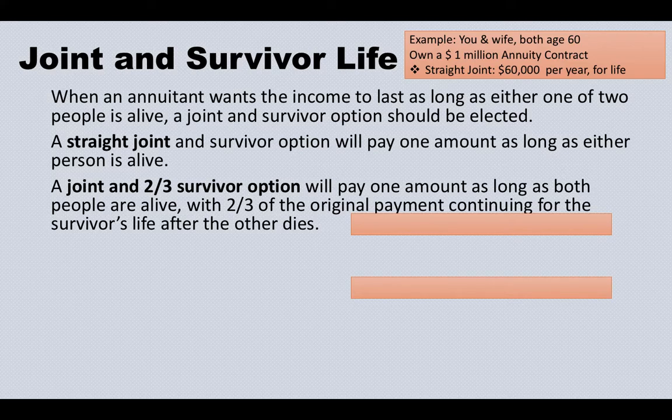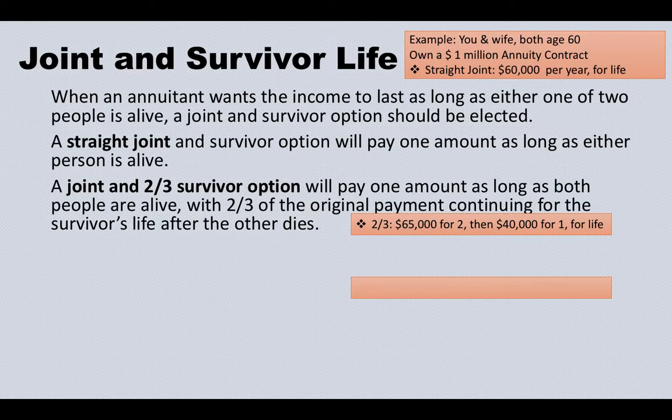However, there are other options, such as the joint and 2/3 survivor option. It pays an amount as long as both people are alive, with 2/3 of the original payment continuing for the survivor after the other dies. Basically, when you are both alive, I give you $65,000 per year for the two of you. Then if one dies, I give you $40,000 per year.